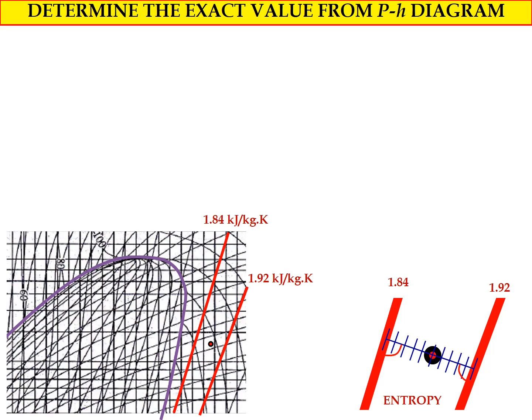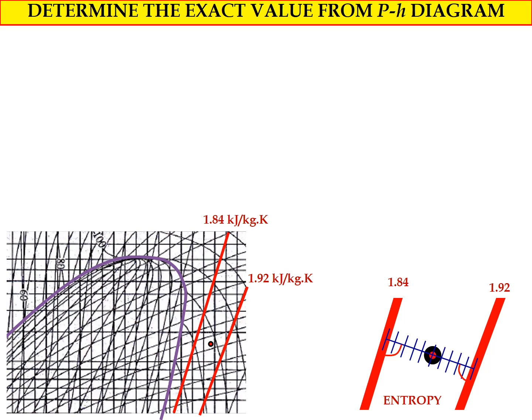And then you have to divide the major scale into a few minor scales as shown in the figures. So for example, I will divide the major scale into 10 minor scales, as shown in this diagram.